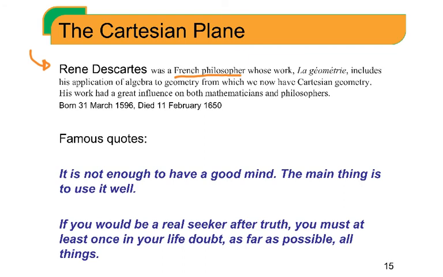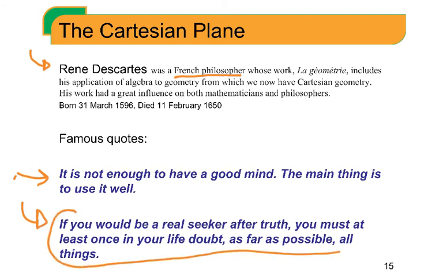and very famous figure. And here are 2 quotes that I thought were good. It is not enough to have a good mind. The main thing is to use it well. Well, okay, you can like it or not. I like this one more.